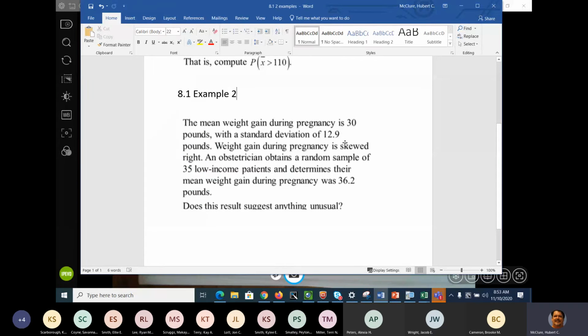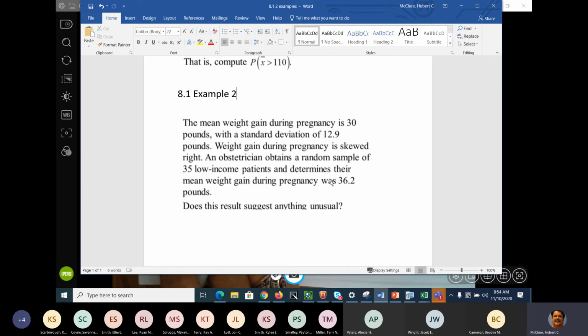Let me write down the rest of the information. An obstetrician obtains a random sample of 35 patients. So n is equal to 35. This is your new stuff. And they want to know their mean weight gain during pregnancy was 36.2 pounds. I'm reading the question again.